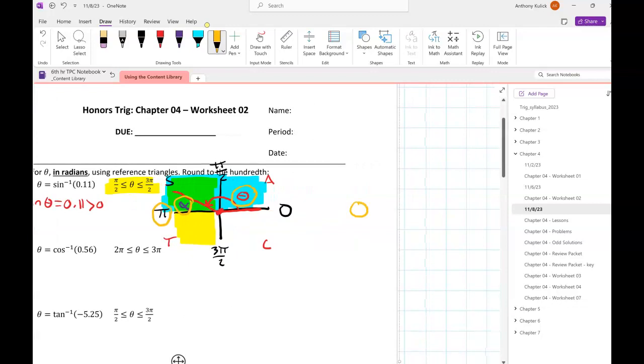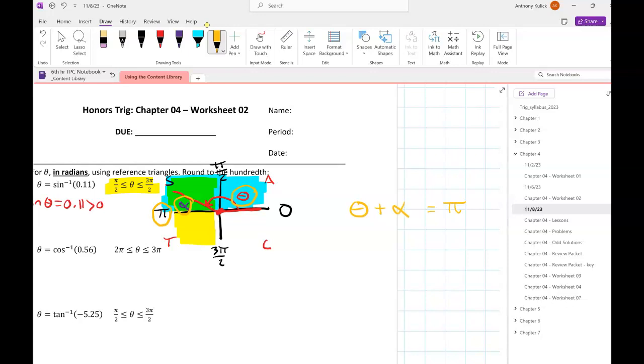So I know that theta plus something else would get us to pi, right? Everybody agree with that? How much further do we have to go from theta to get to pi? Alpha, right? Because that's the angle in between theta and pi. That's the equation that I need.